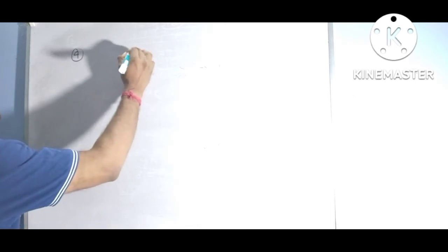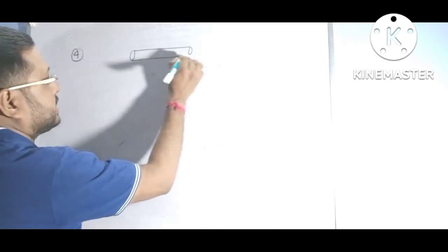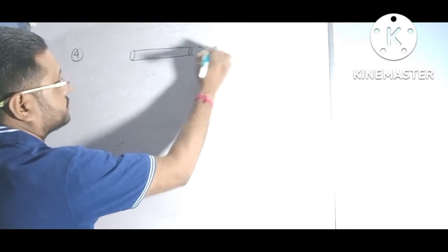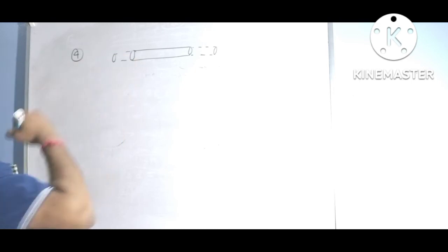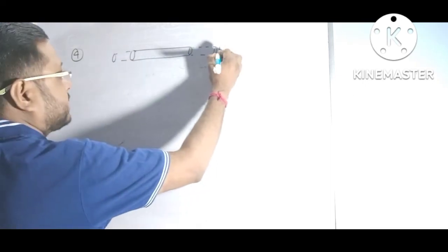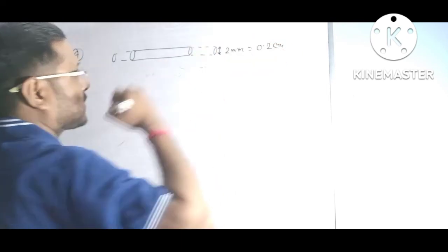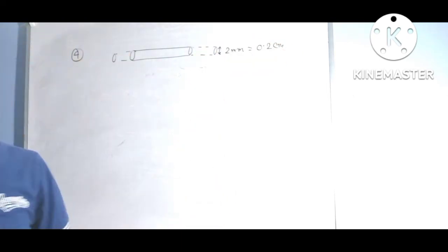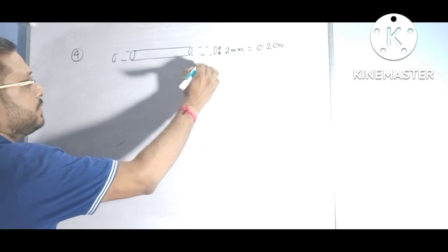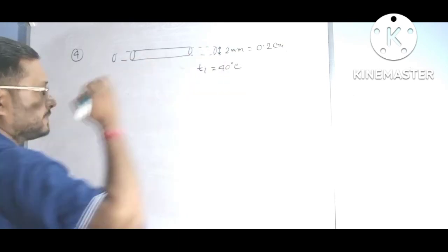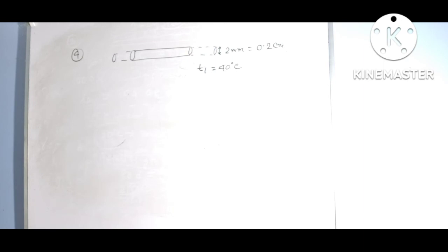A steel wire of 2 millimeter diameter, इसका जो डायमीटर है वो है 2 मिलीमीटर, दैट इज 0.2 सेंटीमीटर। इसको स्ट्रेच किया है एट 40 डिग्री सेंटीग्रेड। जब स्ट्रेच किया है इसका टेम्परेचर है T1 इज 40 डिग्री सेंटीग्रेड। Calculate the tension in the wire when its temperature falls to 30 degree centigrade.